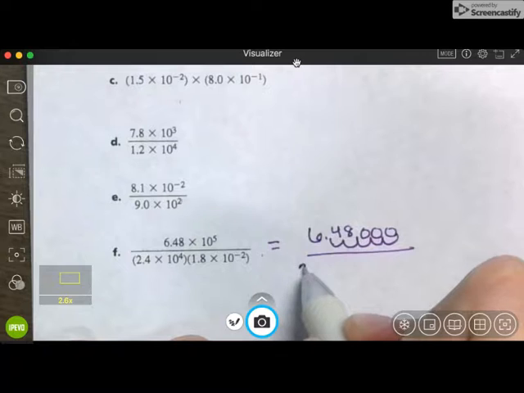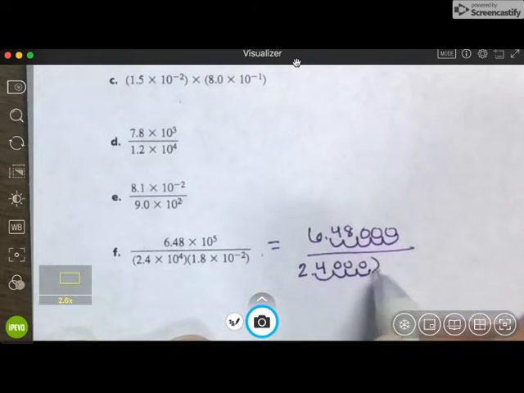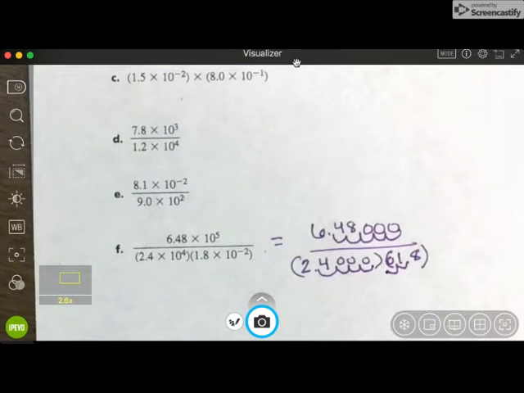Over, I have 2.4. I move it 1, 2, 3, 4. I have 1.8. I move it 1, 2. Ooh, I went the wrong way. I put my parenthesis, not realizing which way I had to go. I went the right way.